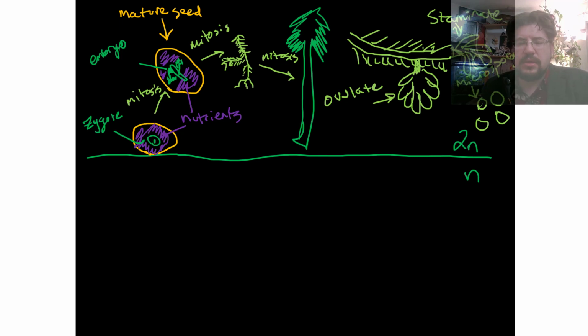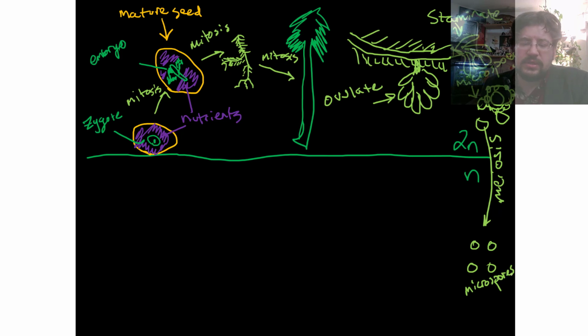Microsporocytes are in the microsporangium. We're not going to label everything. So the microsporocytes undergo meiosis. And meiosis gets us 4 microspores.